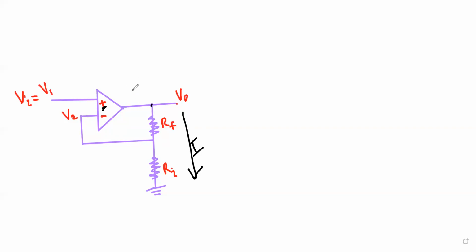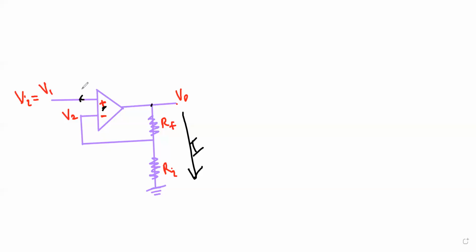It will only draw current from the power sources, but here we don't need to worry about those power sources. When you are concerned about the output, there will be a current going through. Let's mark it like this. On this side it should be equal, because the current can't go through this way or come from this way. So the current going through RF should be equal to the current going through RI. Let's mark the voltages as well.